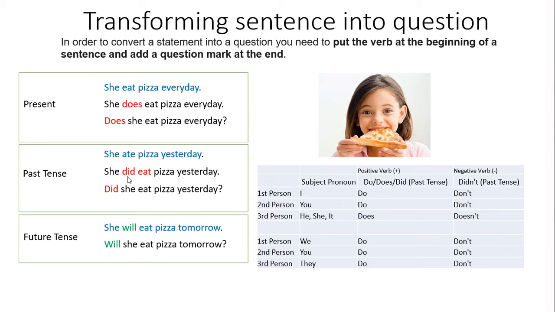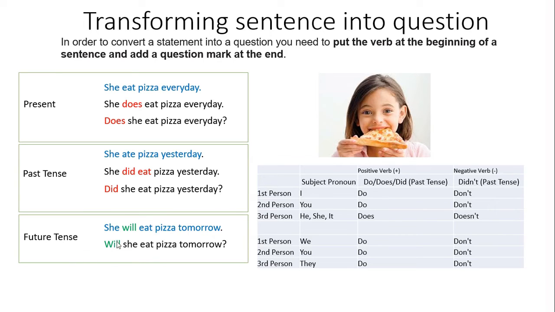So remember that if you're going to use did, your main verb must be changed to a simple form. Like for this example, from ate, it changed to eat. So she did eat pizza yesterday. Now to change this into a question, just exchange these two words. So it will become, did she eat pizza yesterday?